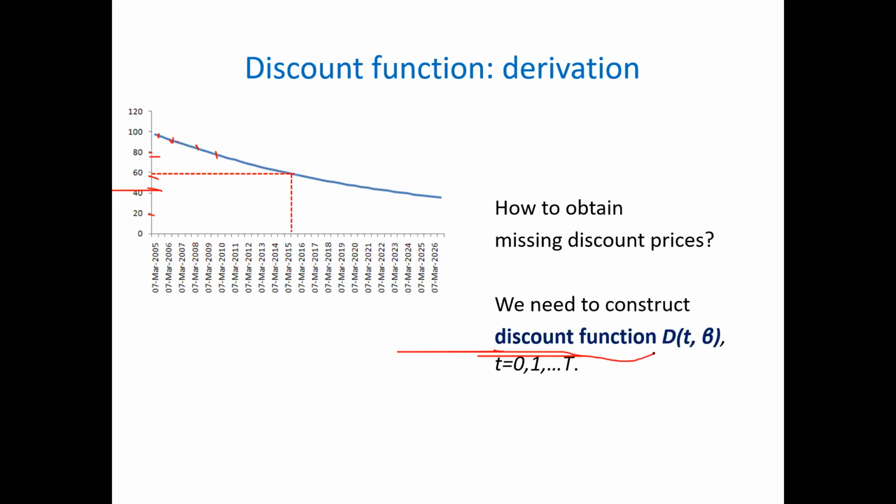Essentially, this is a function of discount price, but it's time consuming to say it like that, so we just say discount function. We denote it like that, d, because of discount price, t, so d is our dependent variable, t is time to maturity, and this is our independent variable, and beta is just a set of parameters.